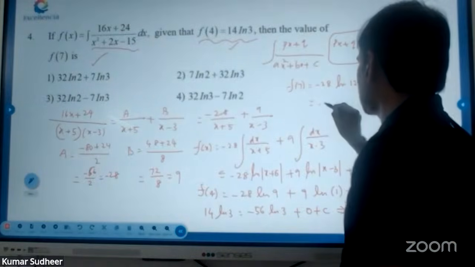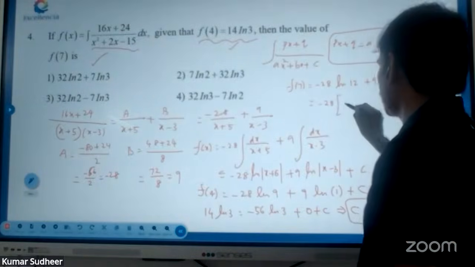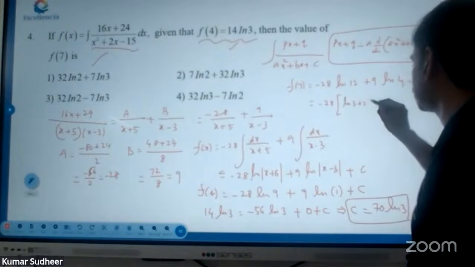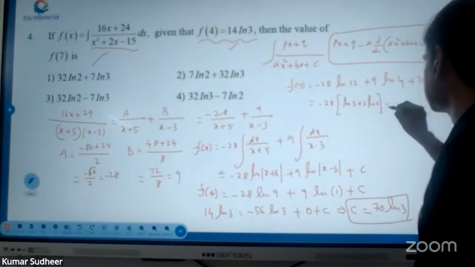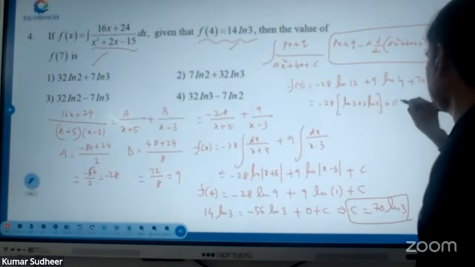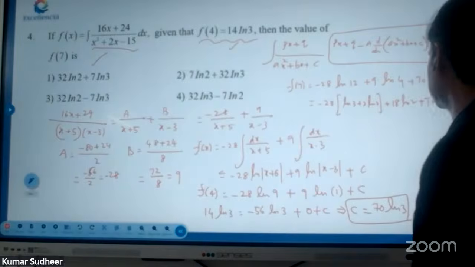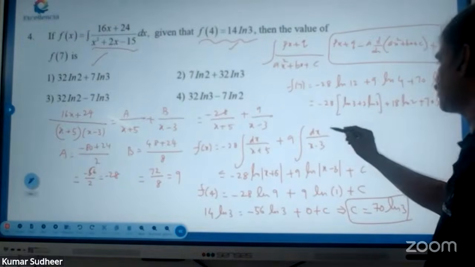So I can write this as minus 28 into log (4 into 3), that is log 3 plus 2 log 2, plus this we can write as 2 squared, so 18 log 2, plus 70 log 3.